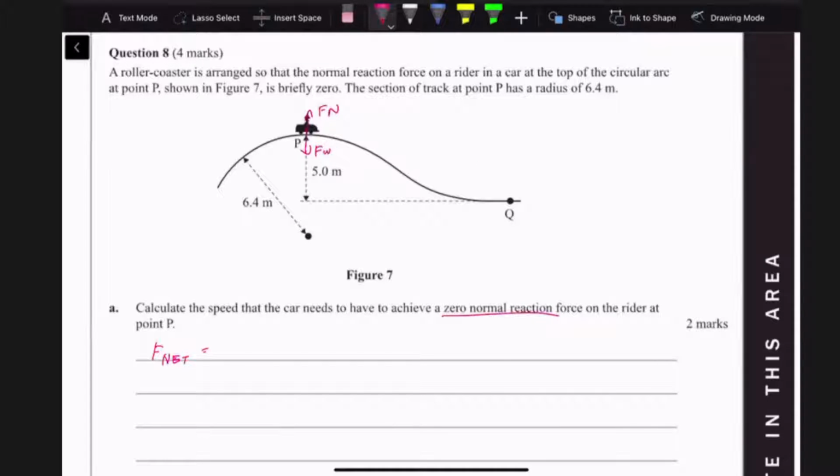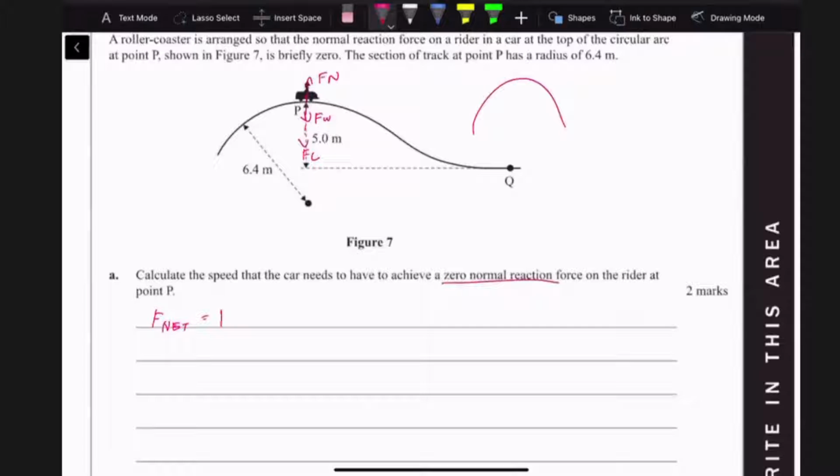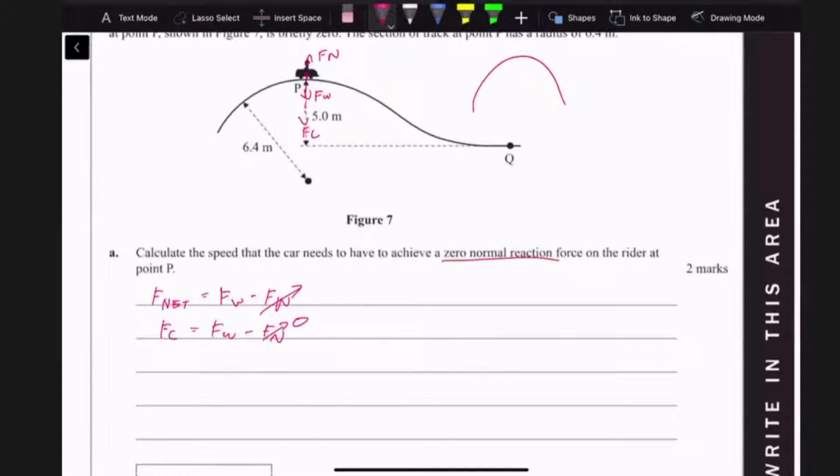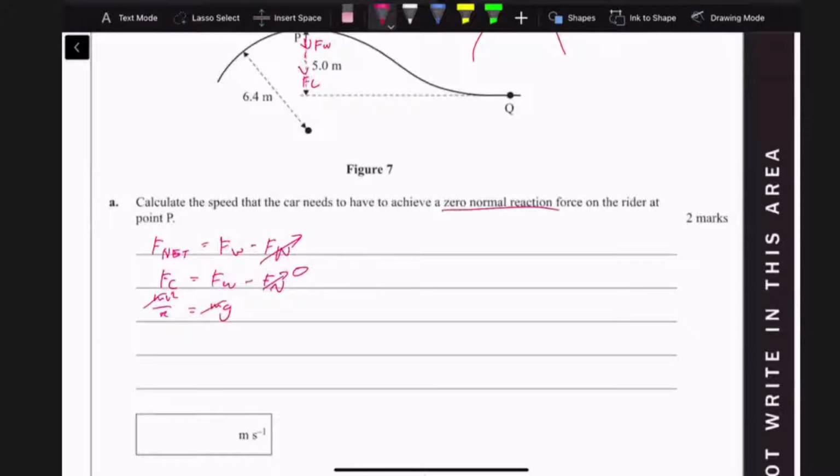And because the bump is going like this, that means Fc is going down, so the net force is down. That means the centripetal force is Fw minus Fn. We want 0 normal force, so this goes to 0. Then we can just equate centripetal force to the weight force, and you get v equals the square root of rg.